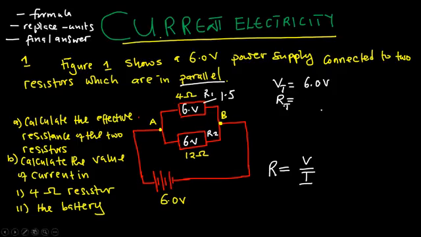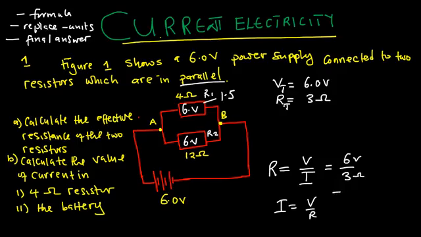Finding the current in the battery or in the circuit is one and the same. So you need to use the totals combined. The combined resistance we found was 3 ohms. So to find the current in the battery, we are going to use the total voltage, which is 6 volts, divided by the total resistance, which is 3 ohms.